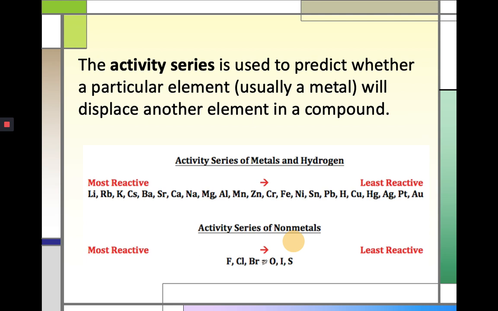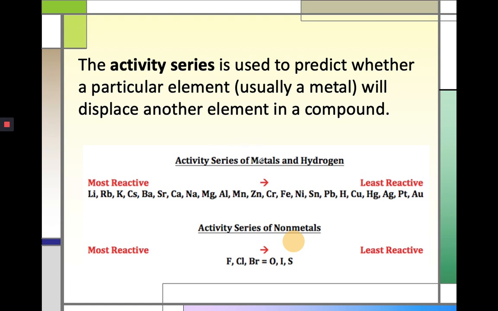Bromine has approximately the same reactivity as oxygen. In terms of the metals, lithium is listed as the most reactive, followed by rubidium, potassium, cesium, barium, and so on.